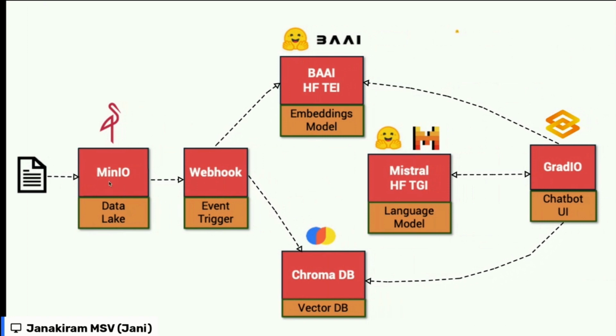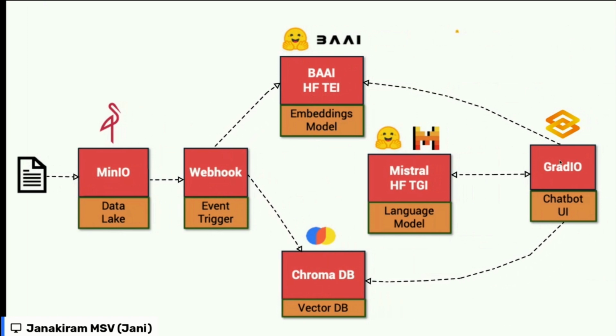So as soon as we upload a PDF to MinIO, the webhook gets triggered, and the job of this webhook is basically to split this into multiple chunks, call the embeddings model, which is the Beijing Academy of AI, the large BAE, large embeddings model, convert every chunk into vector embeddings, and then call Chroma and ingest all the embeddings into the Chroma vector database, and that finishes phase one.